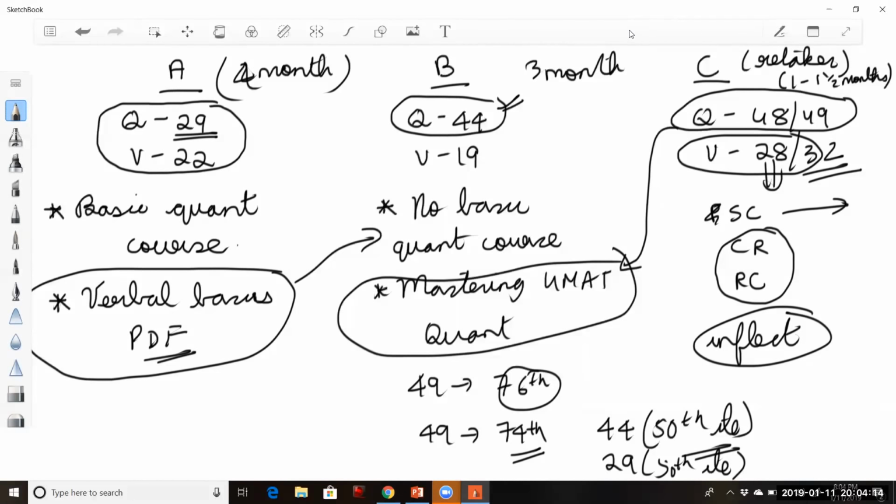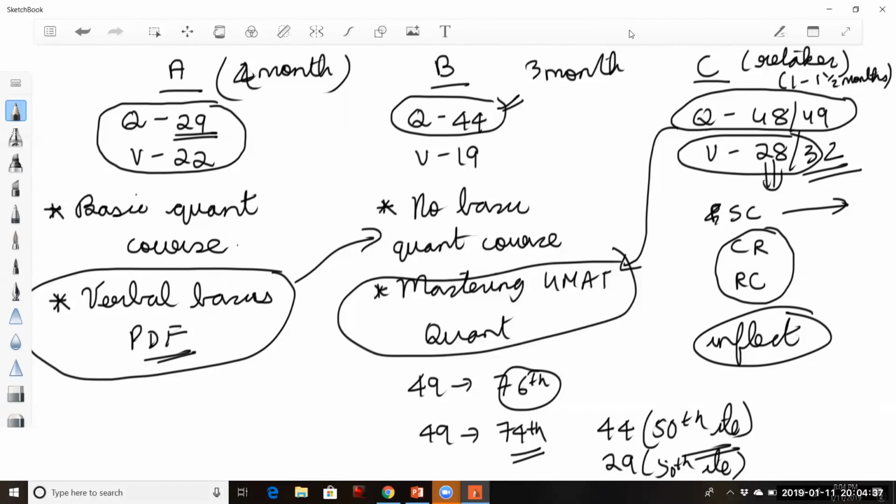What is the disadvantage of the 3-month study plan for a retaker? I'll put it this way, Ankur. When I speak about a retaker, there are two types of retakers. What I've taken care of here is a retaker who's pretty much there, say a 49 and a 32 would give him something like a 650.